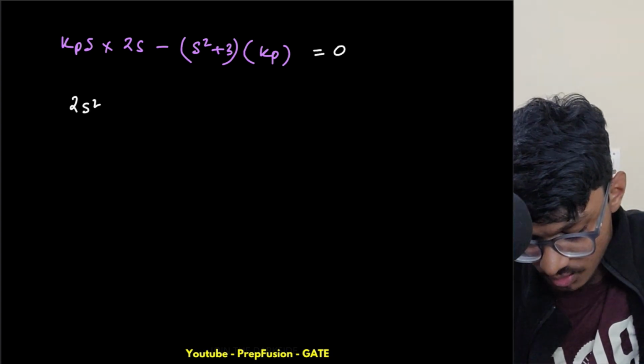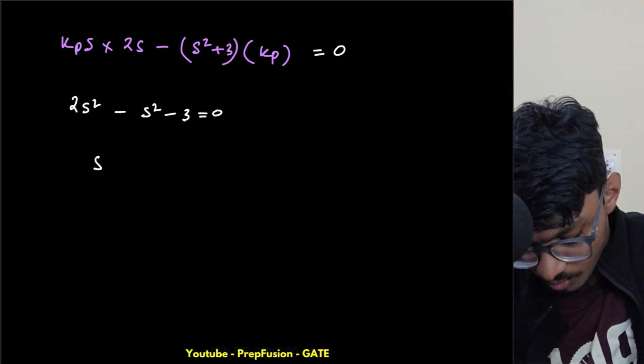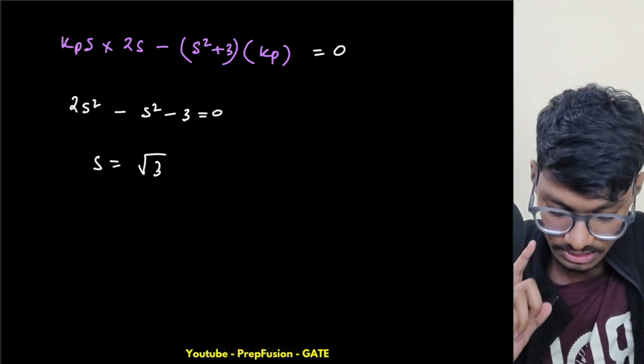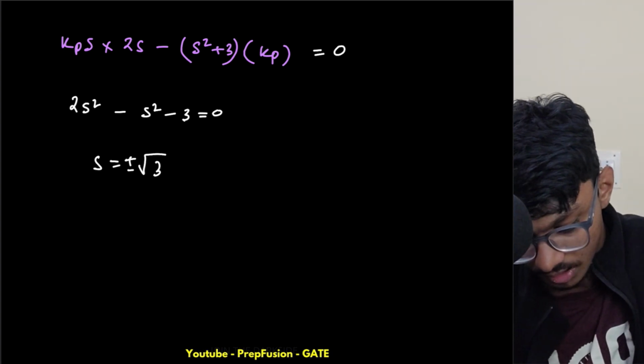So 2s square minus s square minus 3 equals 0. So my s equals plus or minus root 3, and I will eliminate plus root 3.